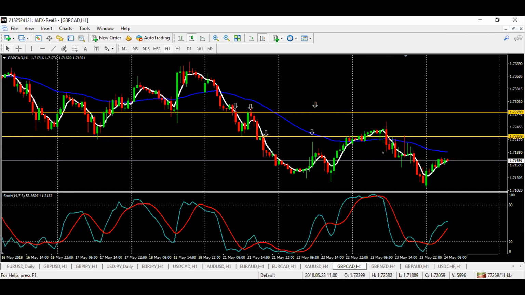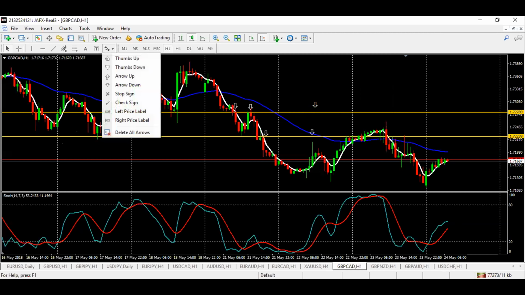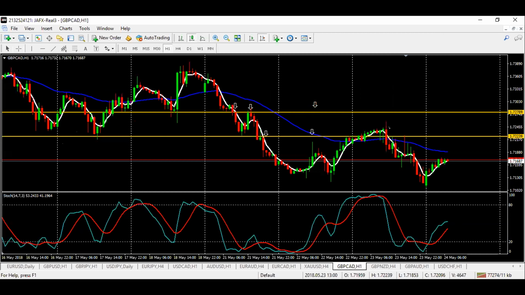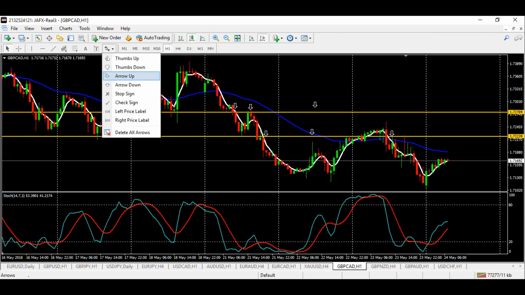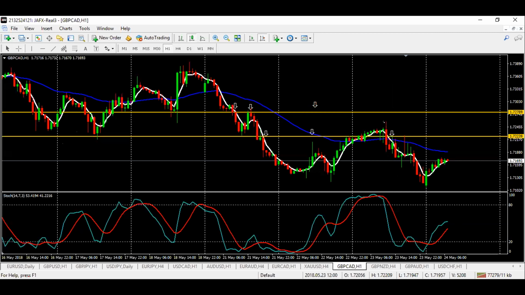But wait, it's even more. Bullish, bearish, lower high, right? Bullish, bearish, third candlestick, lower high.